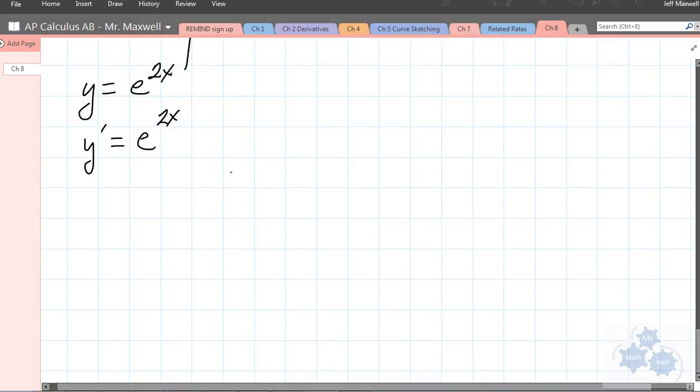Except, is this x right here just x? It's 2x. So, what have we been doing? What does this look like? Chain rule. Yes. Chain rule. Times 2. Thank you.